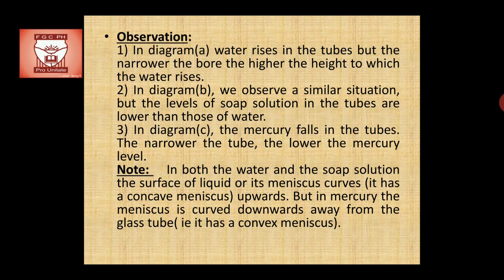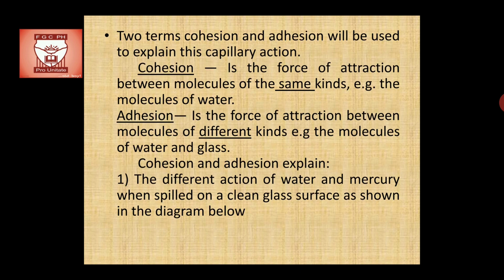But in mercury, the meniscus is curved downwards away from the glass tube. Or you can put it together as the one in the bracket, that is, it has a convex meniscus. In fact, with this, you can make out the difference between when it is water and when it is mercury. 2 terms, cohesion and adhesion, will be used to explain this capillary action.